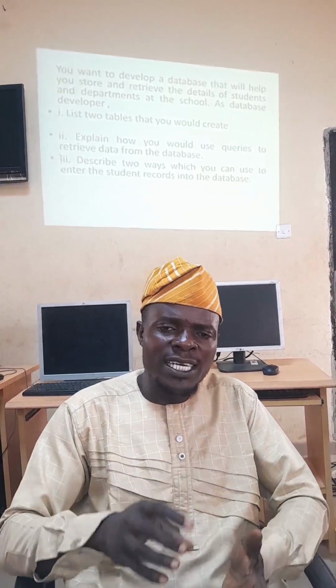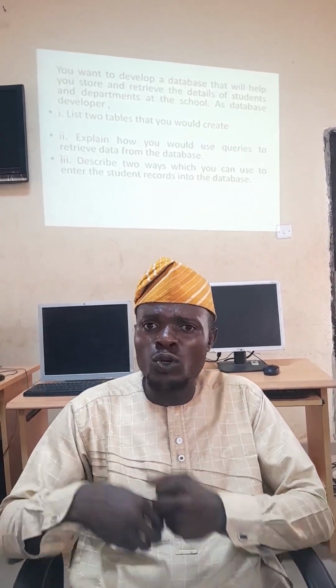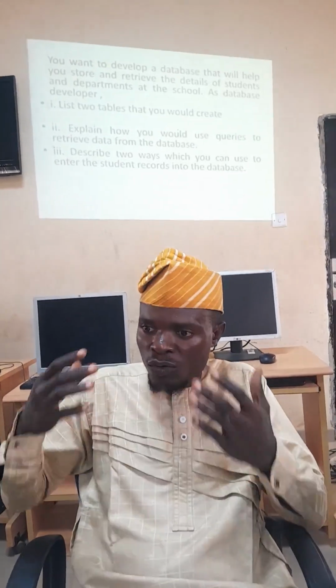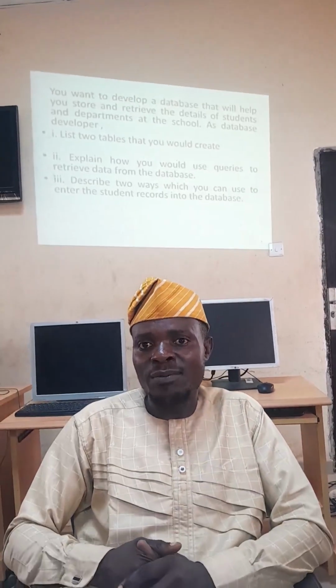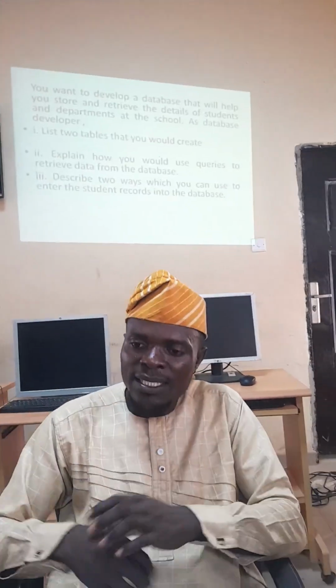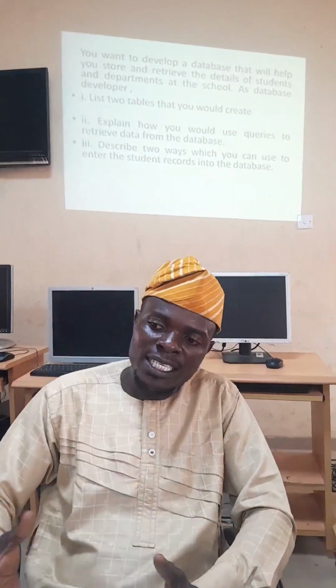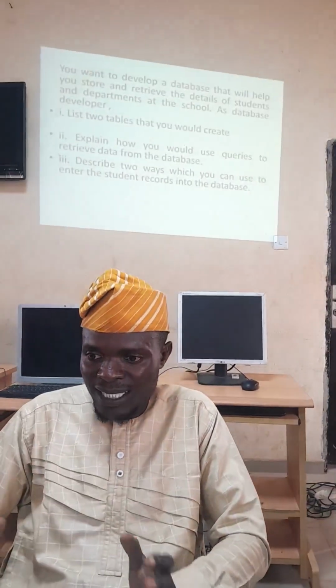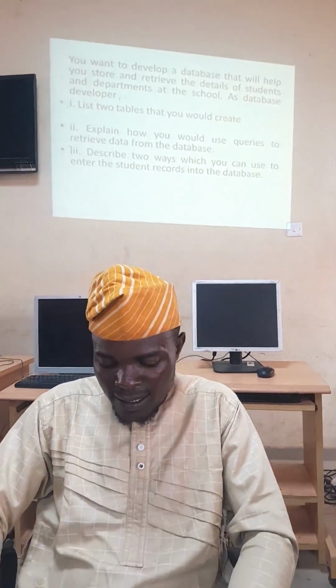Then you want information about some specific students, say students that are from Ogun State. Maybe there is a scholarship or bursary to be awarded to a particular set of students. We can always query the database: get me students from Ogun State, or students aged 20 to 30, or students below 20. So that is the essence of query in a database.